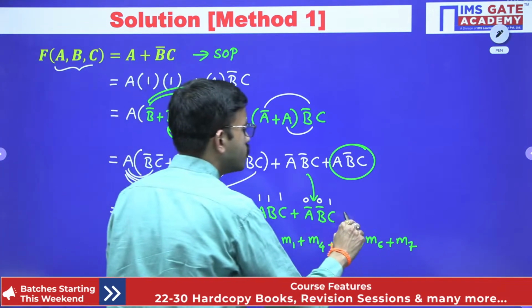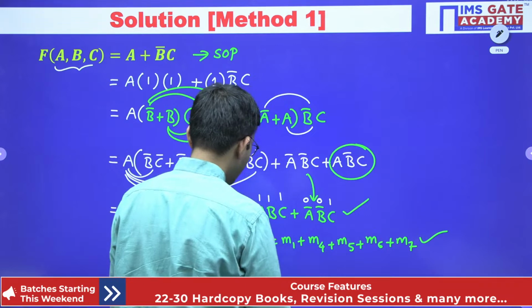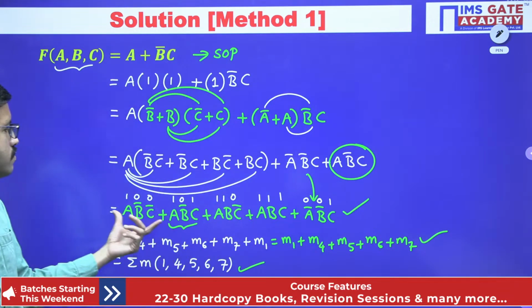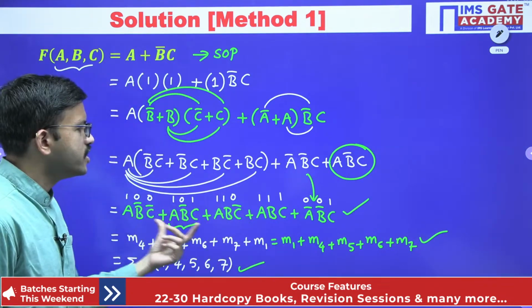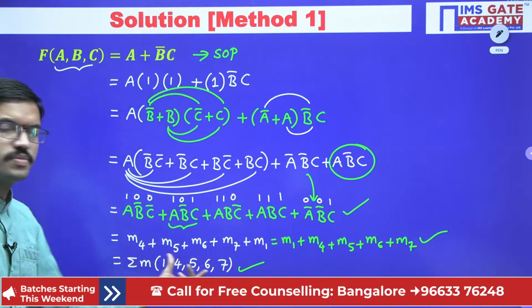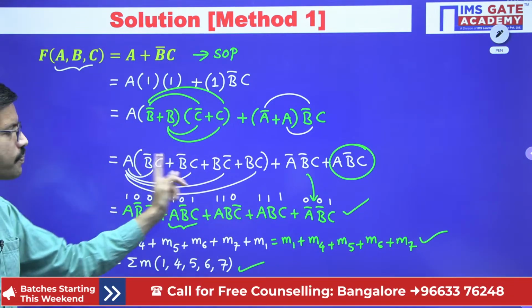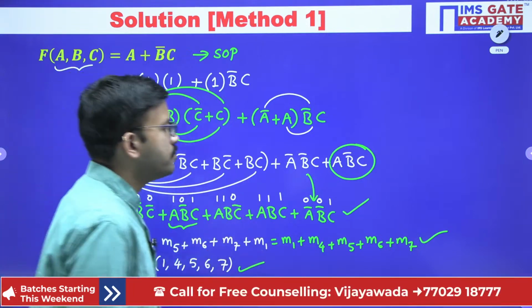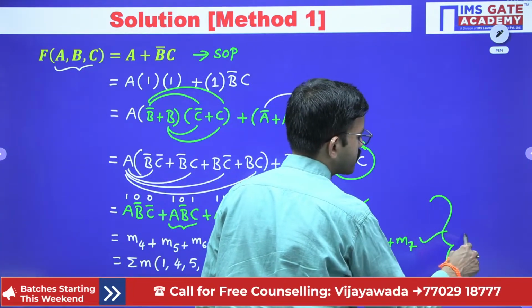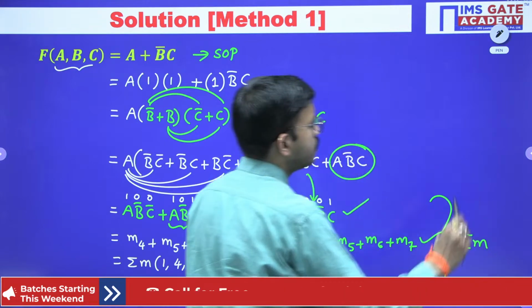In the options you can have either this representation, or this representation, or this representation. All are equivalent. All are representing sigma m form, the sum of min terms.